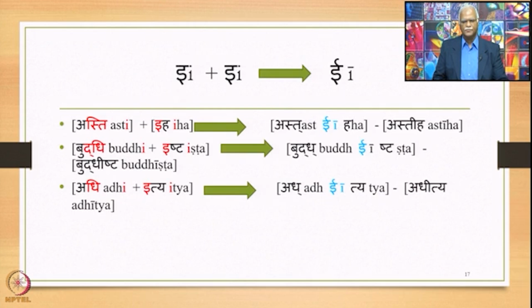Now let us study the next template, that is I plus I as input and long I as the output. So here we have Asti plus Iha. In Asti there is short I coming at the end, and Iha has short I coming at the beginning of the pada.